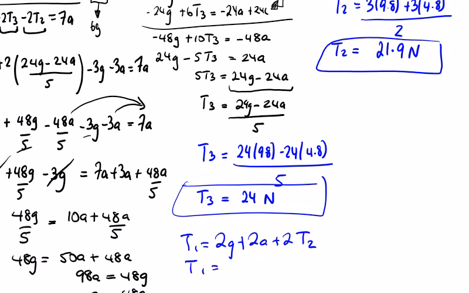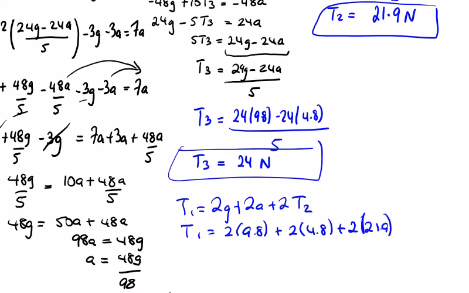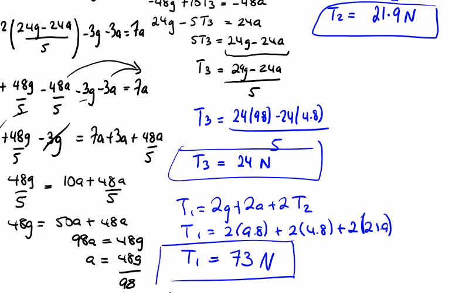So T1 is equal to 2 by 9.8 plus 2 by 4.8 plus 2 by 21.9. And if we type that into our calculator, we're going to get T1 is equal to exactly 73 newtons. So be prepared. 2020, this question's coming up.